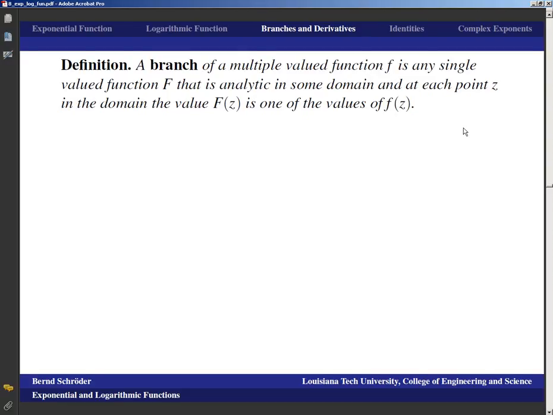So that's exactly the idea that we had for the principal branch of the logarithm. We simply looked at a domain where the function returned single values, and then we proved that on that domain, or on any similar domain, actually the function, the single valued function, is differentiable.